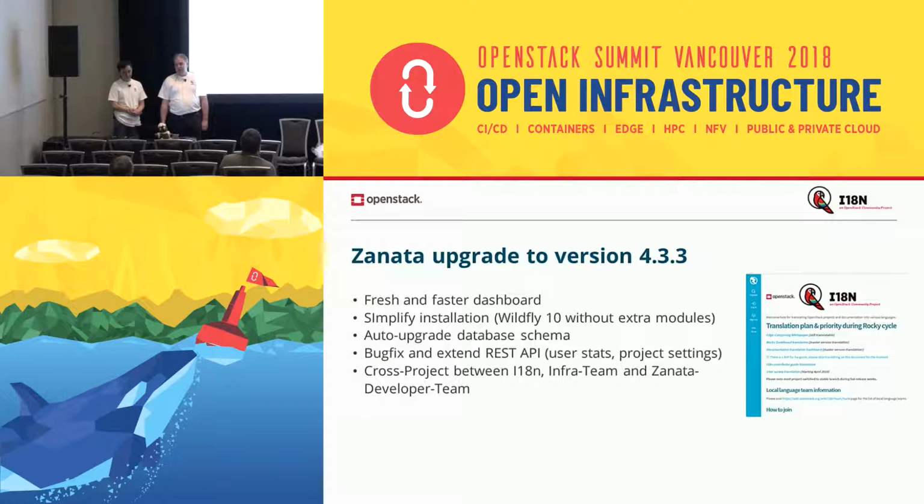This is gone. Now you only have to install the WildFly 10 server itself and then the Zanata application, with an automatic upgrade of the database schema. There are lots of bug fixes, and the REST API is extended, for example, to fetch user statistics or project settings.